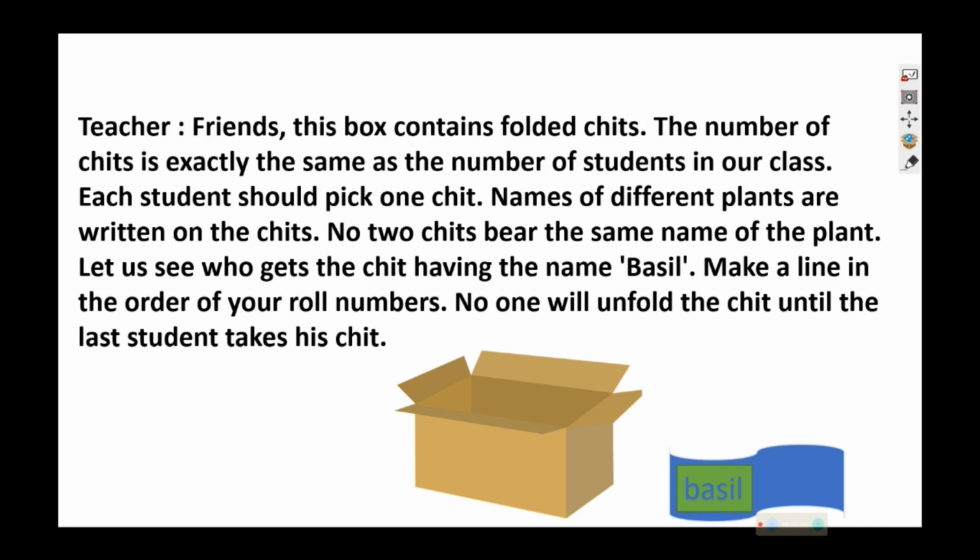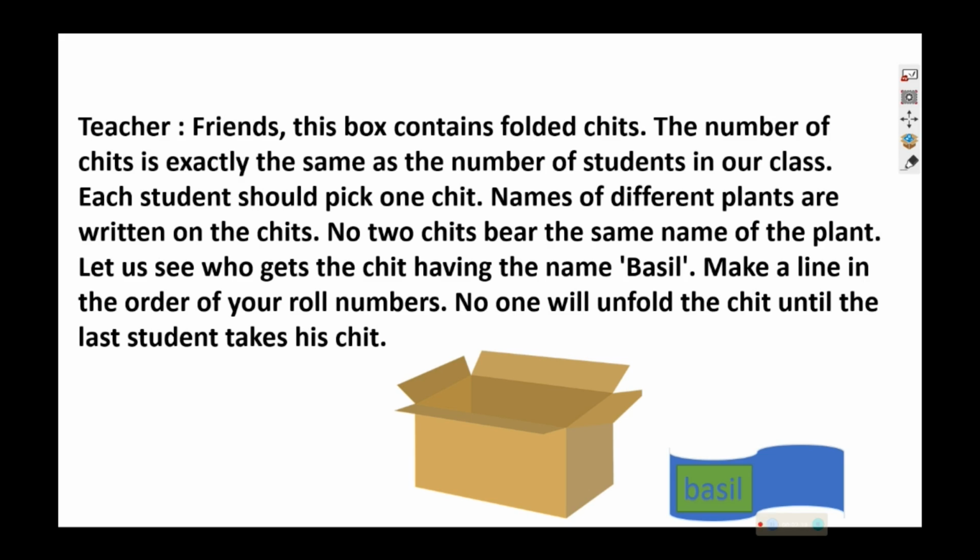Names of different plants are written on the chits, and no two chits bear the same name of a plant. Let us see who gets the chit having the name basil. Basil is the English name for tulsi. Make a line in the order of your roll numbers. No one will unfold the chit until the last student takes his chit.